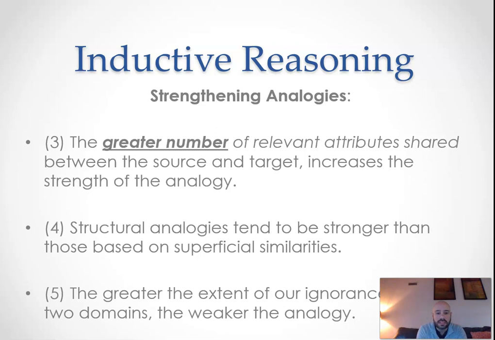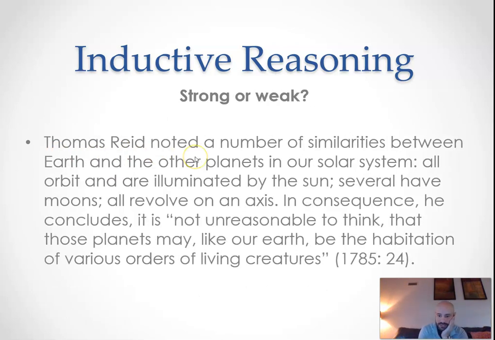The next one is that structural analogies tend to be stronger than superficial analogies. Or sorry, we skipped three. The greater the number of relevant attributes shared, the better the analogy is. This one, like we said previously, only has three, or more like 2.5, if we're grouping these together. So all orbit and are illuminated by a sun, we'll count that as one.